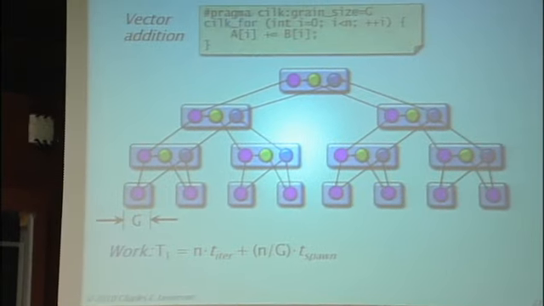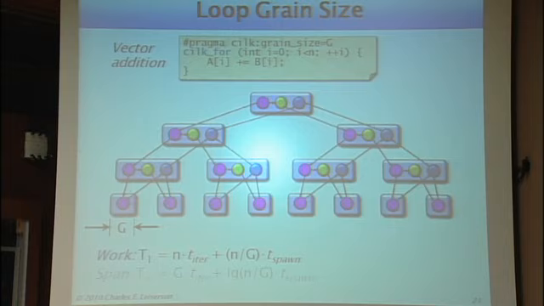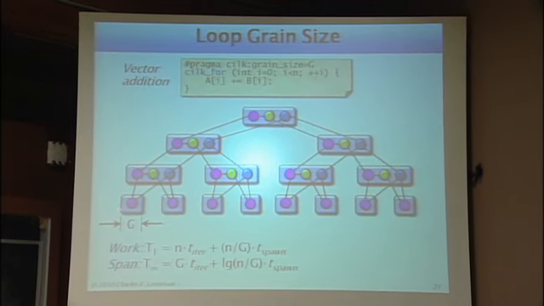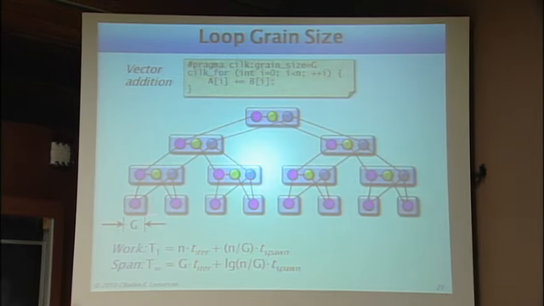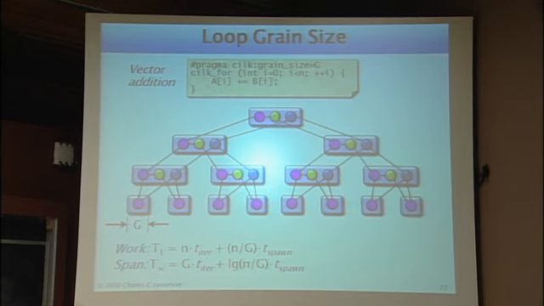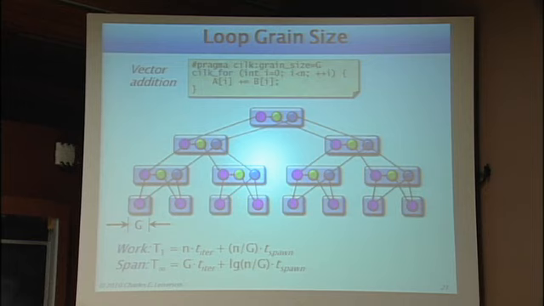Now let's get a description with the constants again of the span. So what is going to be the constants for the span? Well, I'm executing this part in here serially. For the span part, we're basically going to go down on one of these paths and back up. I'm not sure which one, but they're all fairly symmetric.